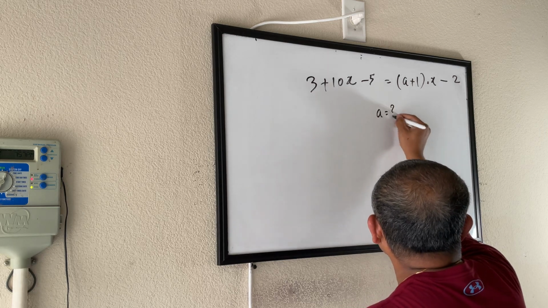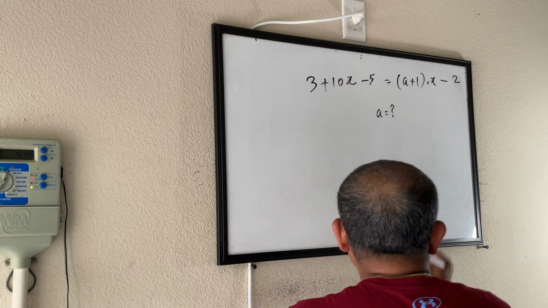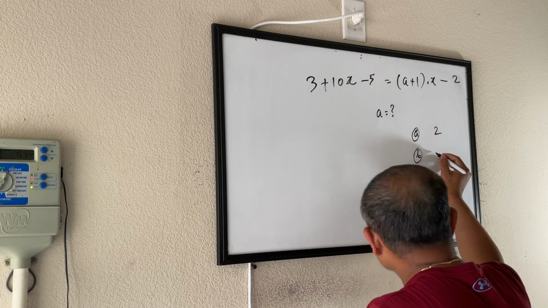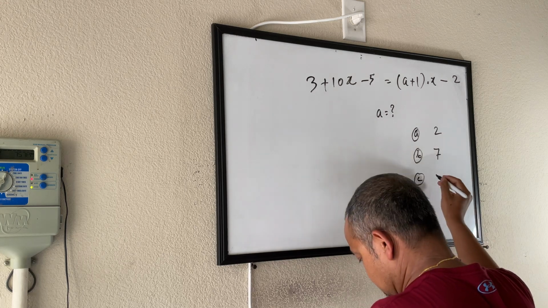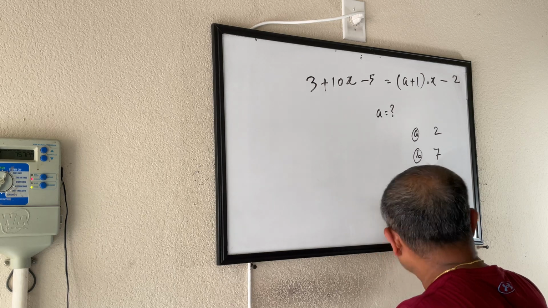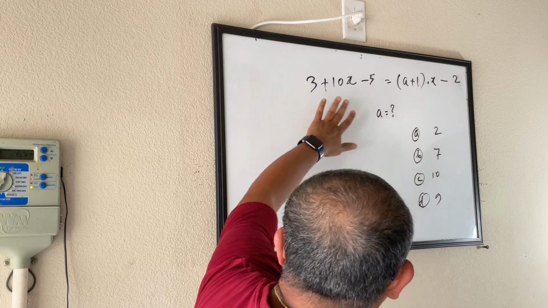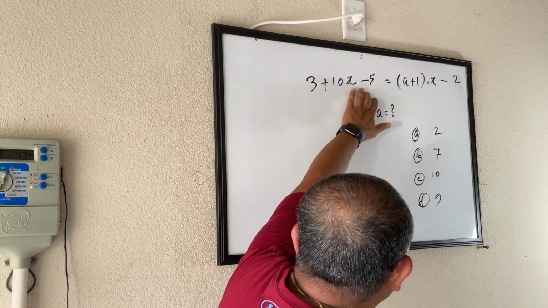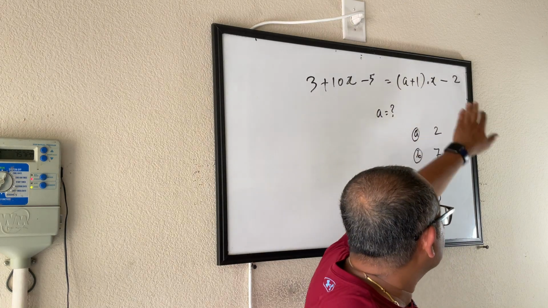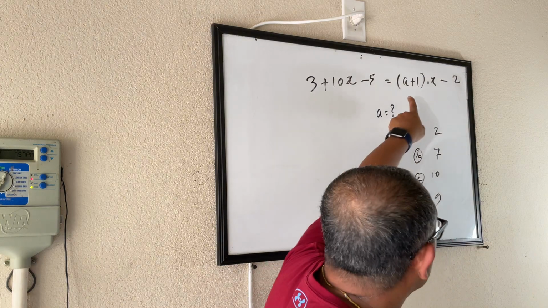The options given are 2, 7, 10, 9. So this is the equation 3 plus 10x minus 5 equal to (a plus 1) times x minus 2.